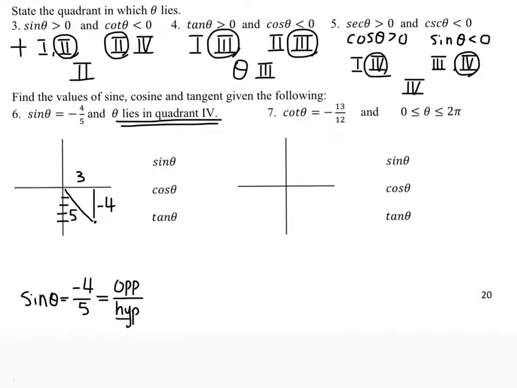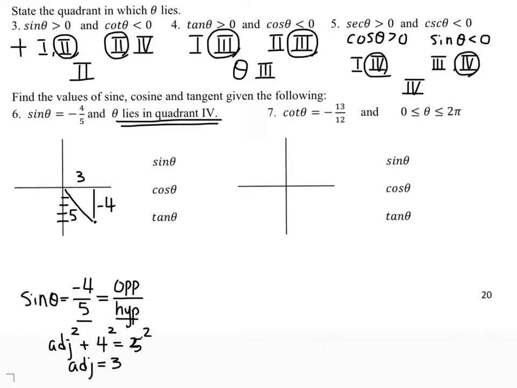If your hypotenuse is 5, what's going to be your adjacent side? So you can calculate it. Adjacent squared plus opposite squared, so opposite we know is 4 squared, equals the hypotenuse squared, which is 5 squared. So this turns out to be adjacent is going to be 3. And I just took the shortcut of using the Pythagorean triples.